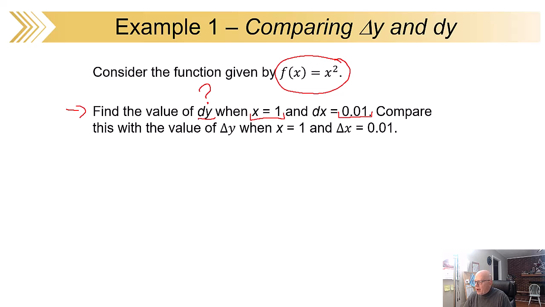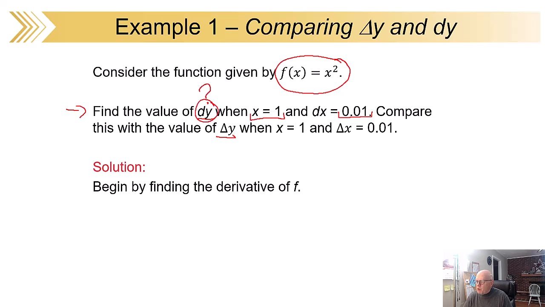We're going to compare the value of delta y with dy when x equals 1 and delta x is 0.01. Okay, what am I talking about? First of all, let's work on dy.